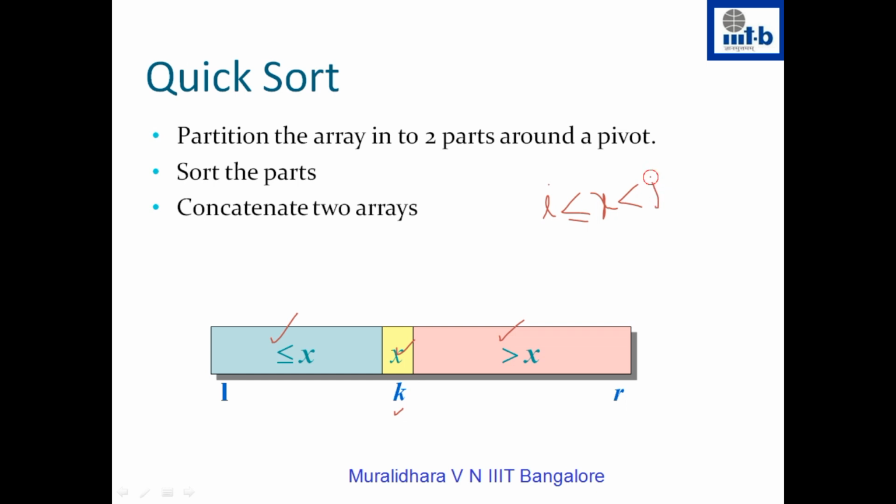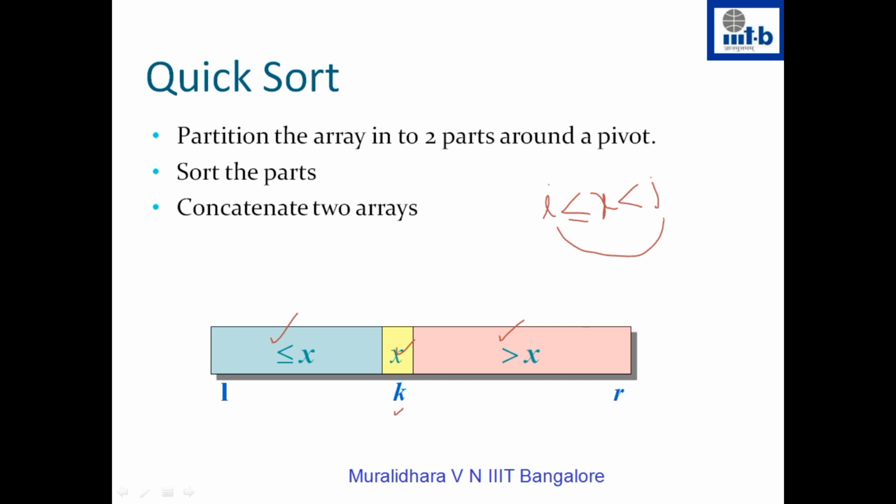Reading it together, any number on the left-hand side will be smaller than every number on the right-hand side. I repeat: once you do the partition such that the pivot element x is at location k, every element to the left of k will be smaller than or equal to the pivot, and every element to the right will be strictly greater than the pivot.